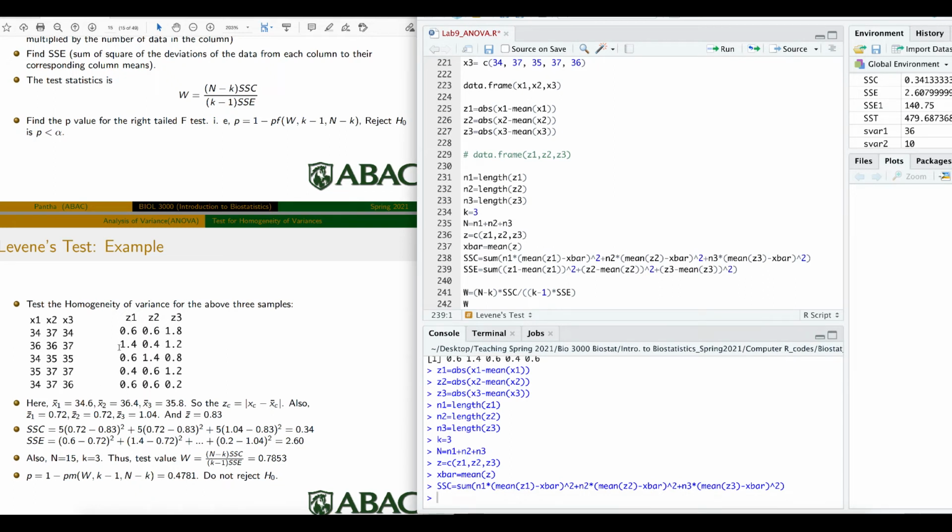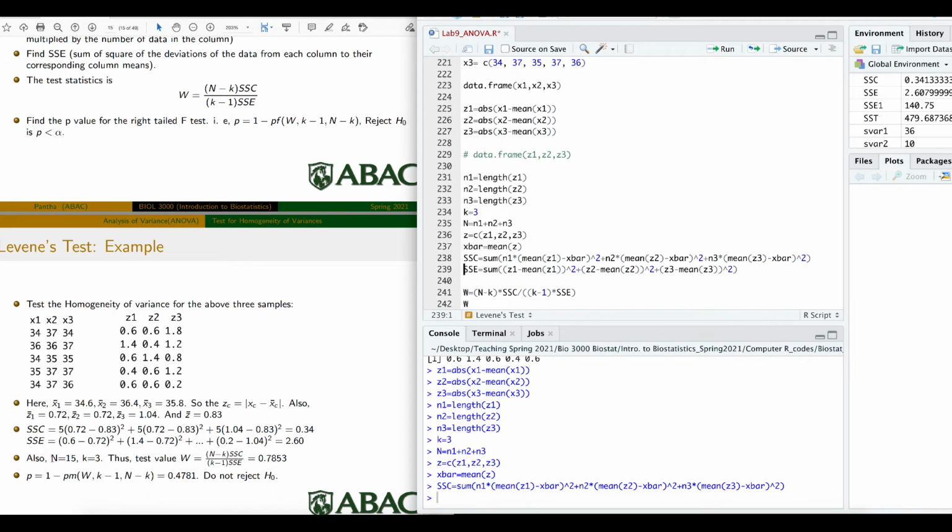And then plus 1.4 minus 0.72 squared, and continue doing that up to here. Next, 0.6 minus the column mean of that, which will be 0.72 again, squared, plus 0.4 minus 0.72 squared, and so on. And finally do for this 1.8 minus 1.04 squared, because that is the column mean, and continue to that. The final one will be 0.2 minus 1.04 squared. If you do that, you will get 2.604 for SSE, and SSC will be 0.34.